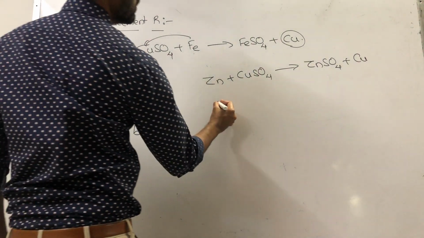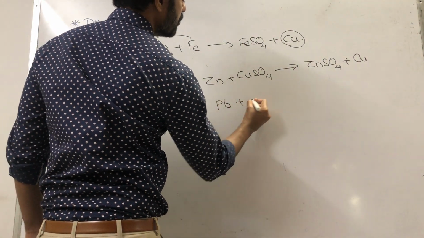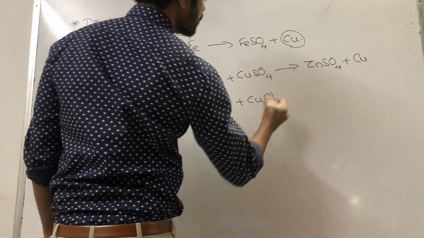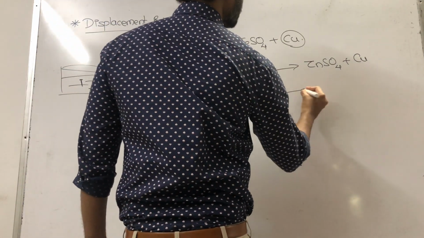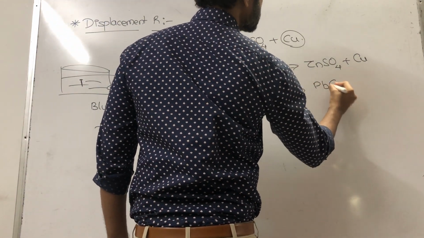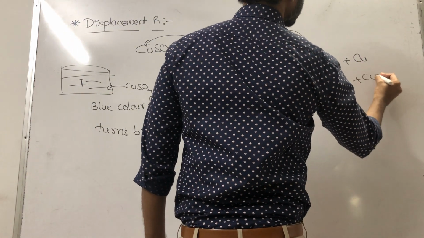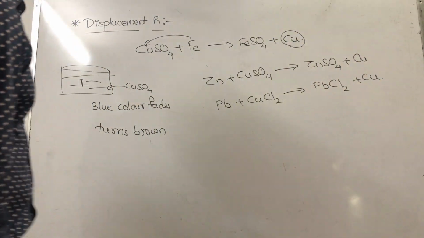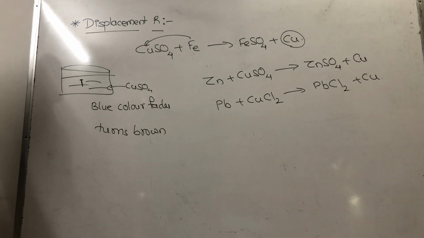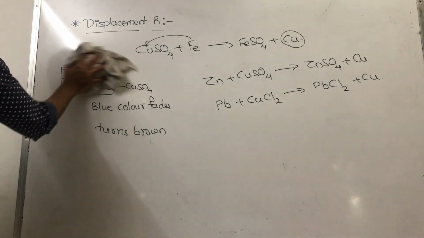Similar example of lead with CuCl2, copper chloride. Lead being more active, lead displaces copper from its compound. So all these are examples of displacement reaction. So what happens in a displacement reaction? The more active element displaces the lesser active element from its compound.